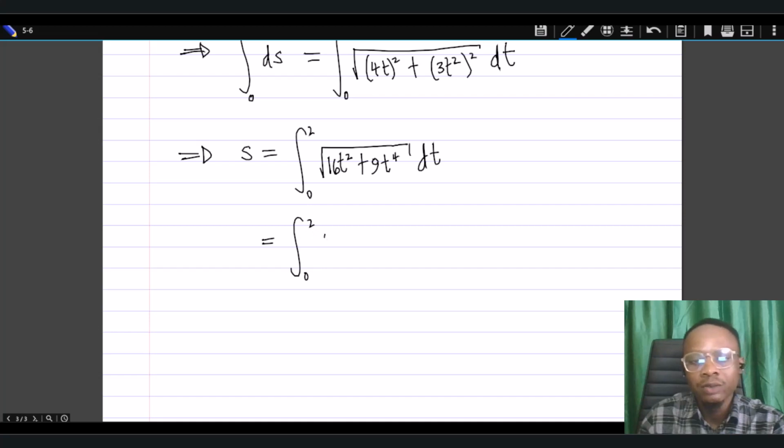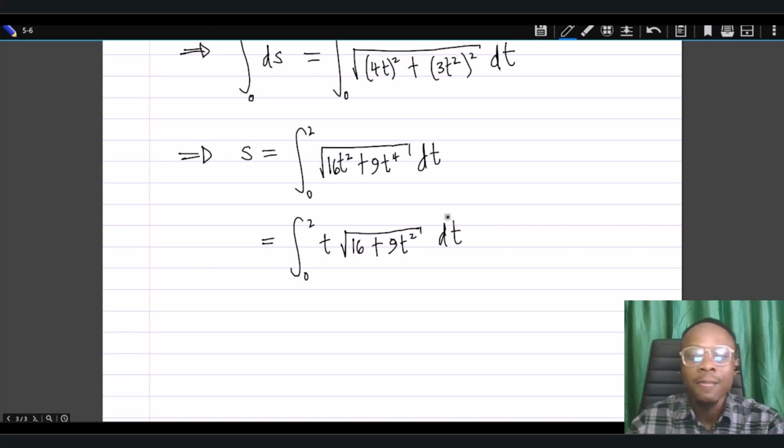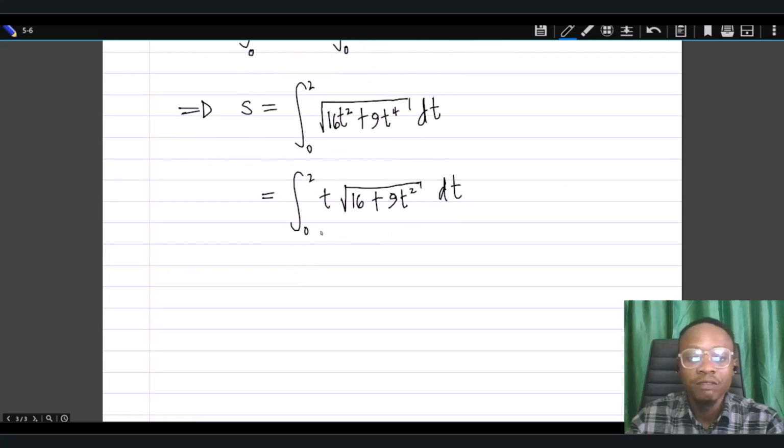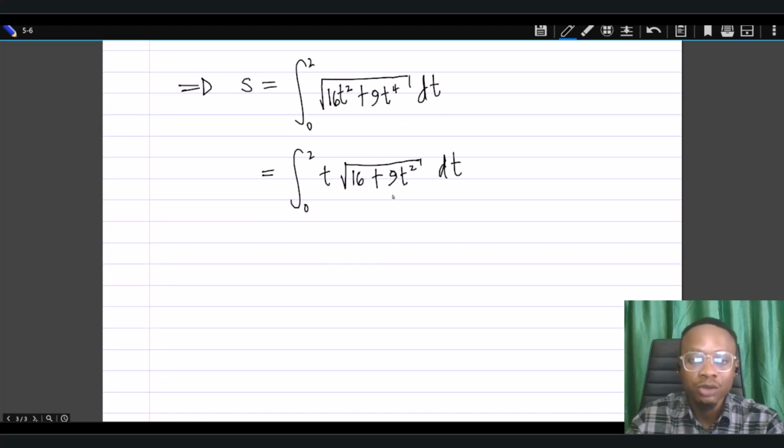So we have here t multiplying the root of, what we have left here will be 16 plus 9t squared, with respect to time. We can, for instance, think of a substitution to do here and insert the value, just go through the process and simplify this integral.